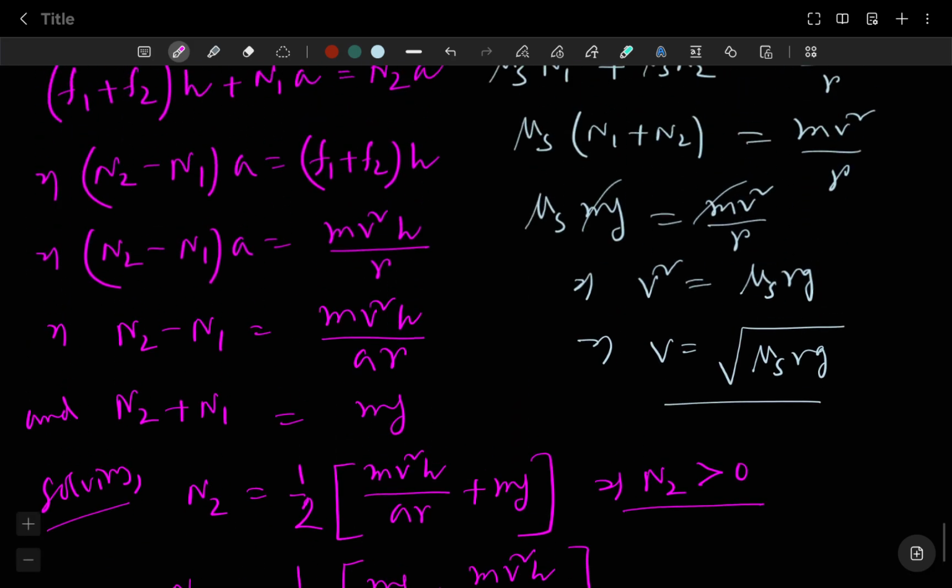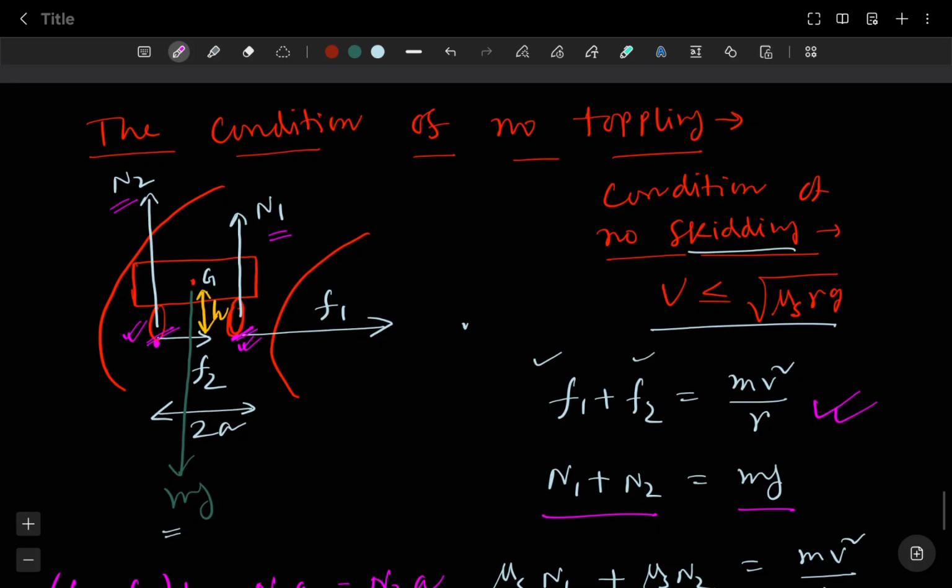That means if the car carries out a circular turn on the horizontal road with a high velocity, its wheels have to be far apart and the center of gravity should be as close to the ground as possible.